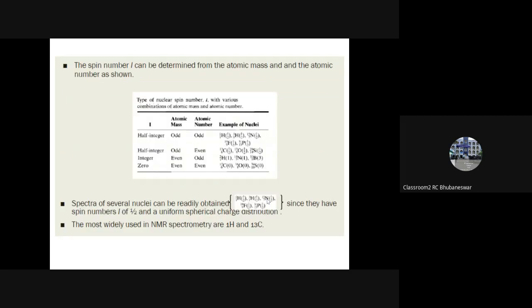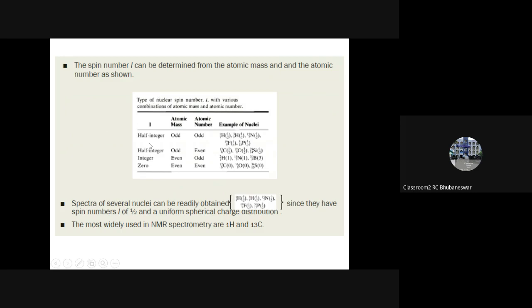So the spin number I can be determined from the atomic mass and the atomic number. Here you can see which nuclei will have half integer I: if the atomic mass is odd, like this hydrogen here; it is not visible clearly, but it is in your material also.